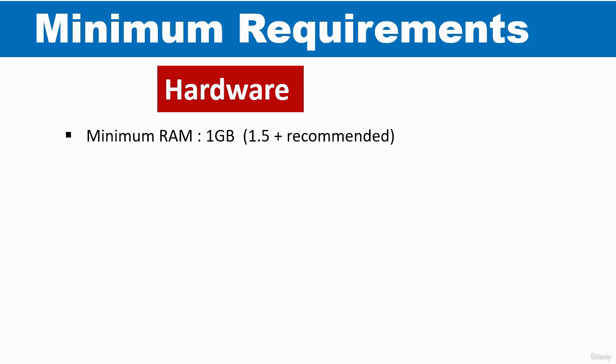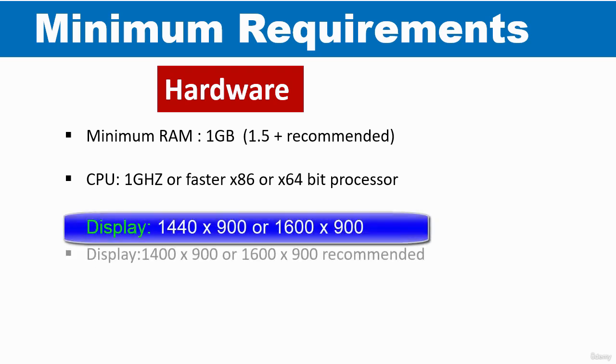For the CPU, it is recommended that you have a CPU of 1 GHz or faster, which could either be an x86 or a 64-bit processor. It is recommended for the display to have the resolution set to 1440 by 900 or 1600 by 900.